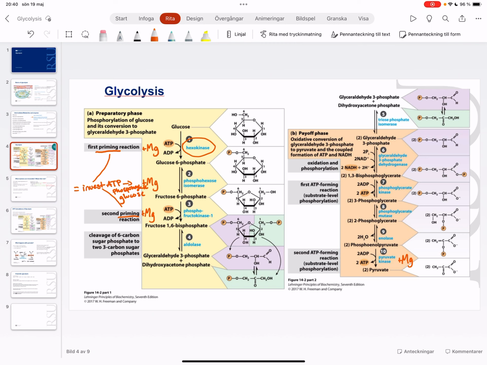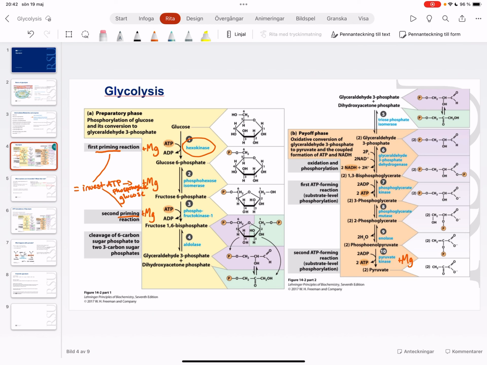Hexokinase is the one that is most common in the muscle cells, and glucokinase is the one that is most common in the liver. In this reaction between glucose and glucose 6-phosphate, we use magnesium. Another important thing is that we use ATP.